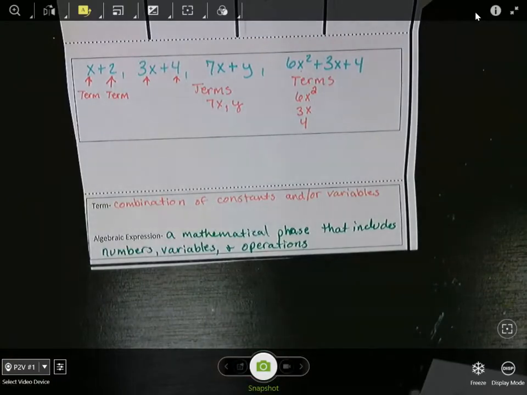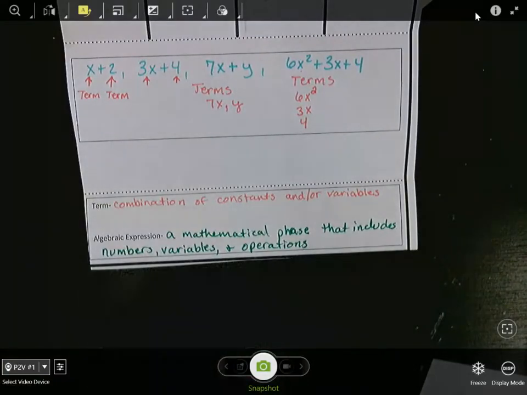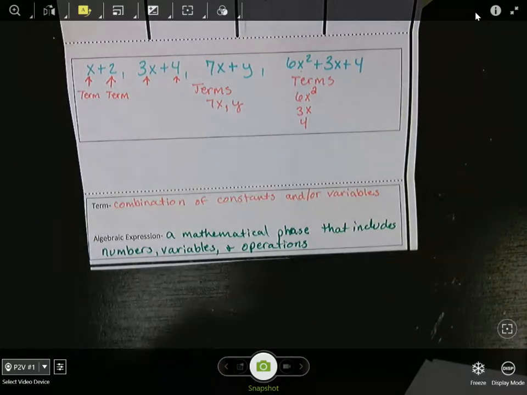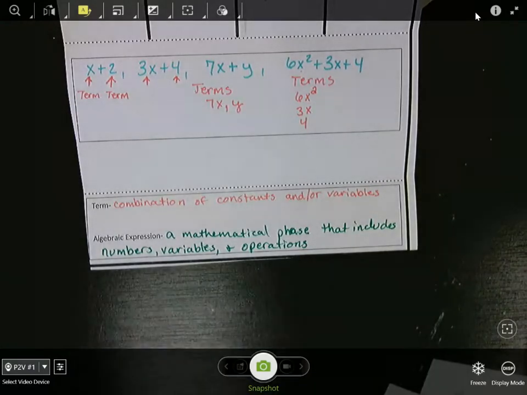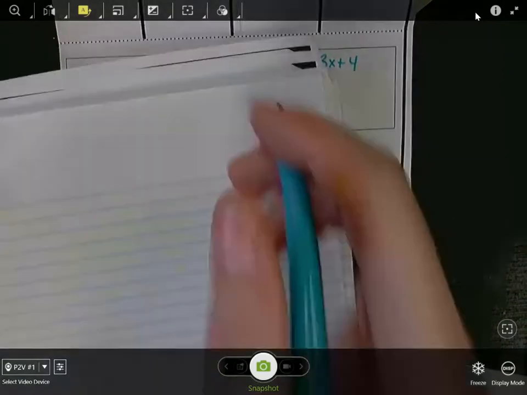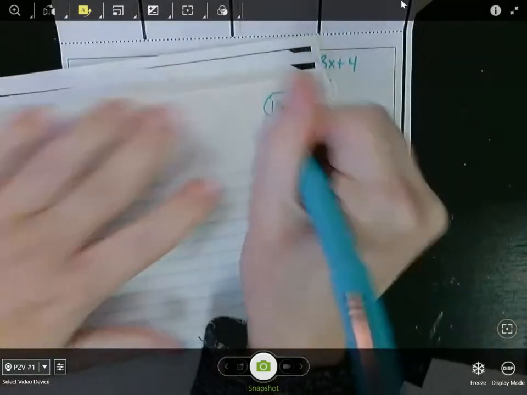Okay? All right, so now what we need to do is go to our student journal, and we need to go to page 15, where we had our notes. And on the back page of 15, okay, so page 15 was the 4.1 algebraic expressions.